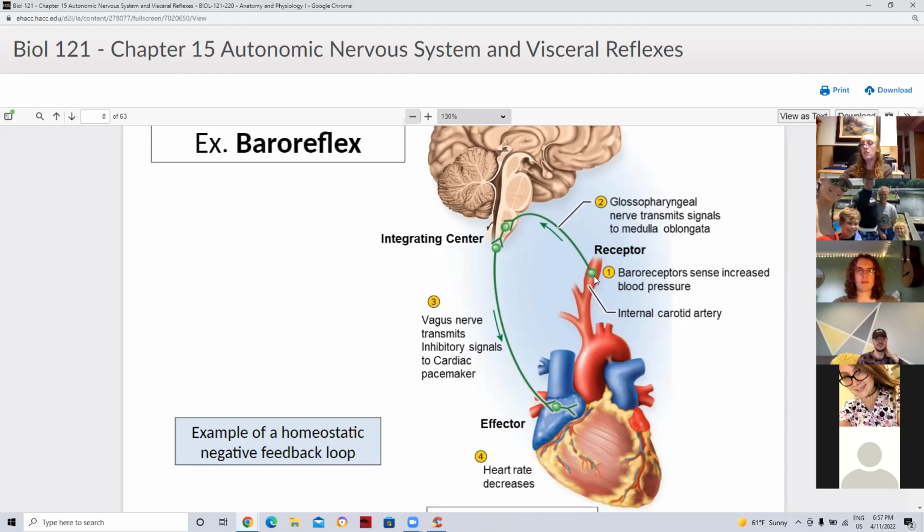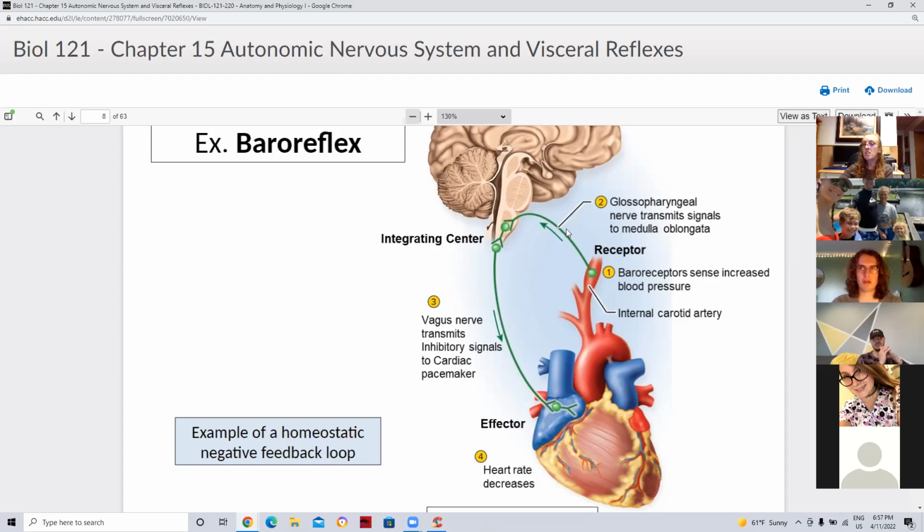So the carotid sinus senses increased blood pressure. It sends a signal via the glossopharyngeal nerve. Remember, that's one of those that's both sensory and motor.